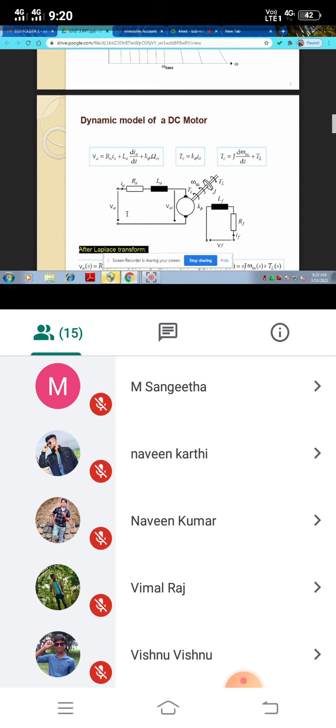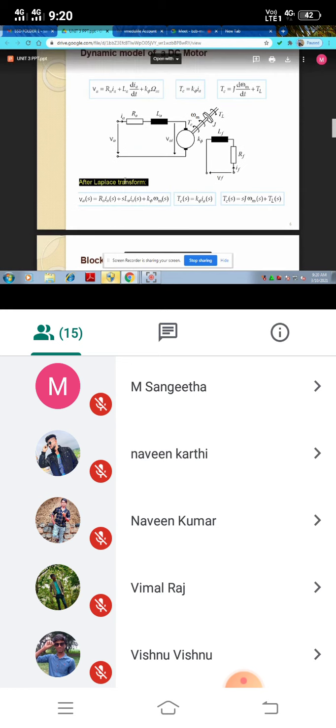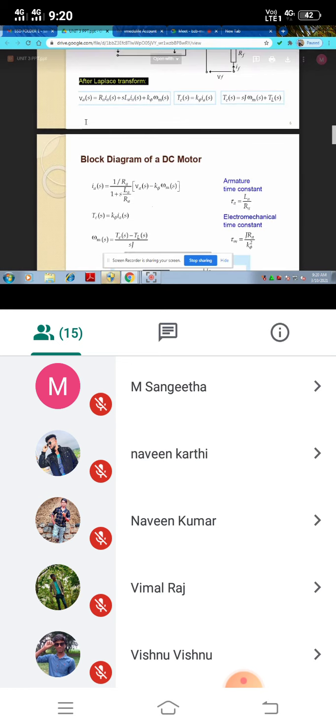So Ia is the output and Va is the input. From this equation, Ia is the output, and Va minus K phi Wm times the constant 1 by Ra by 1 plus s La by Ra is the input.